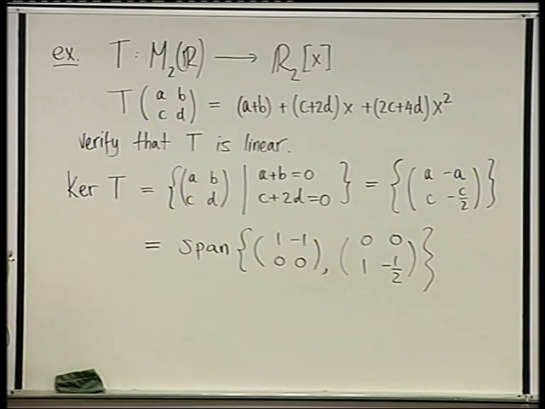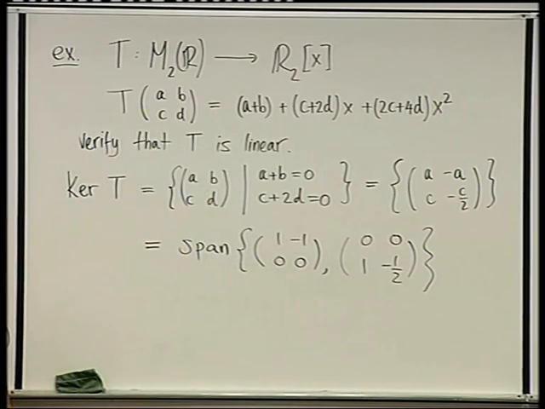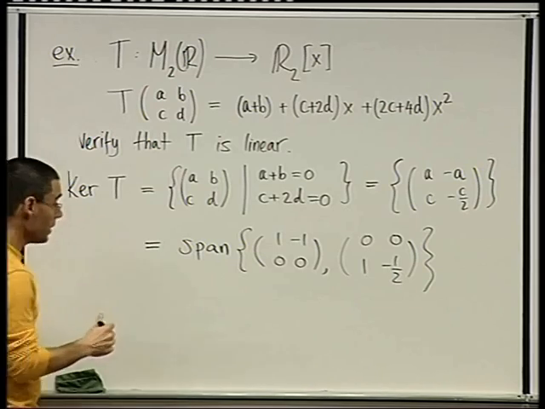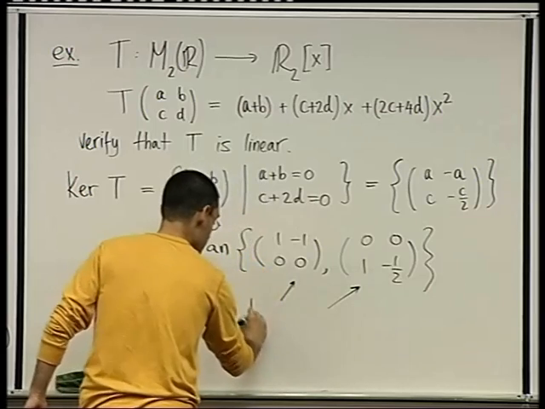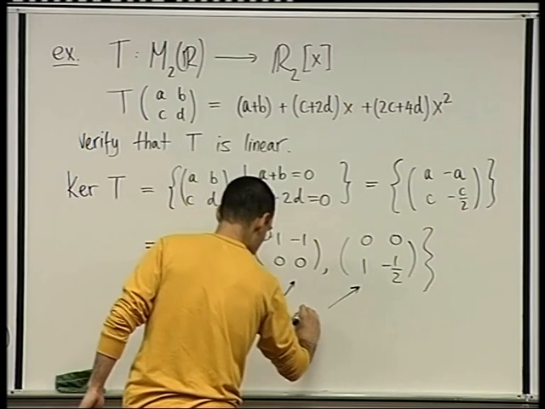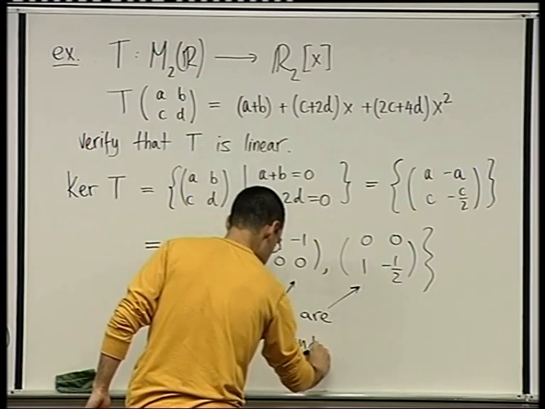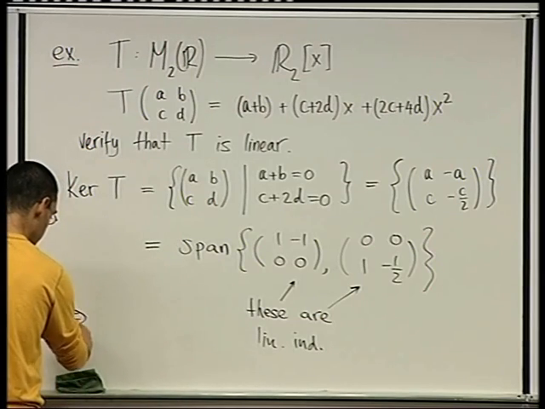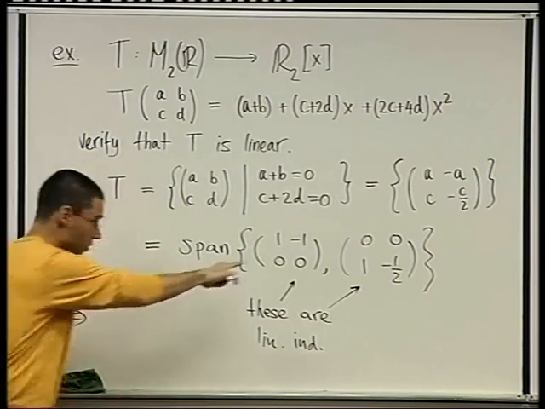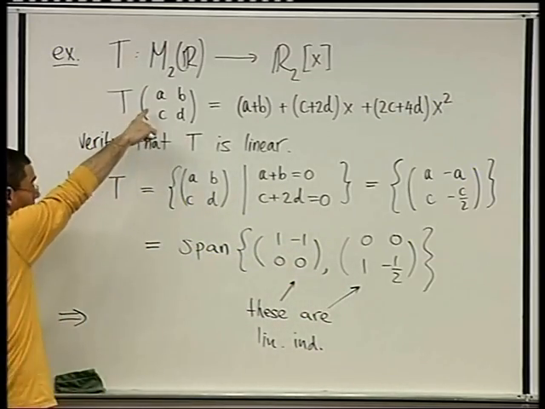In order to say that it's a basis, we need to say something else. Right, that these two are linearly independent, and they obviously are, because one is not a multiple of the other. Okay, so let's write that. These are linearly independent, right? And therefore, this set of two elements is a basis for the kernel, not for V1.